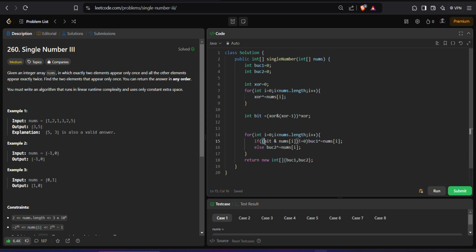If that bit ANDed with nums of i is greater than 0, which means our number has that bit on, we XOR it into bucket 1. Or else, if that bit is off, we XOR it into the second bucket. And at last, after all the iterations are finished, bucket 1 will consist of one single number and bucket 2 will consist of the other single number, and we will simply return them in a new array.